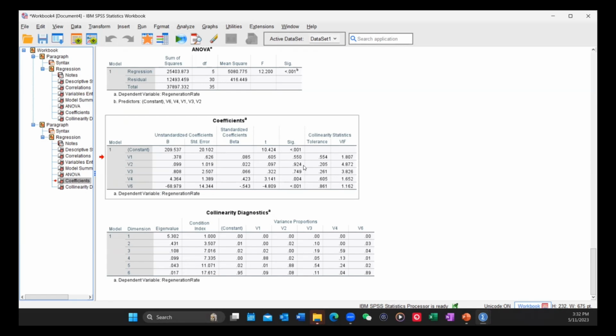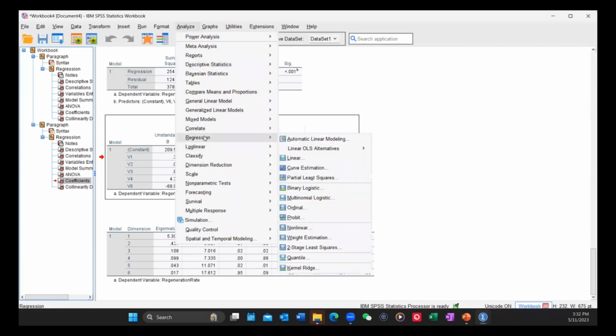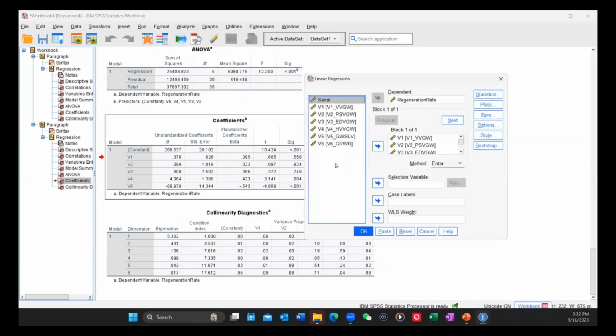Given this situation is really at the borderline, we can temporarily remove V2 and see what will happen to our new model. So let's go to Analyze, Regression, and Linear. We're going to remove V2 from the model.